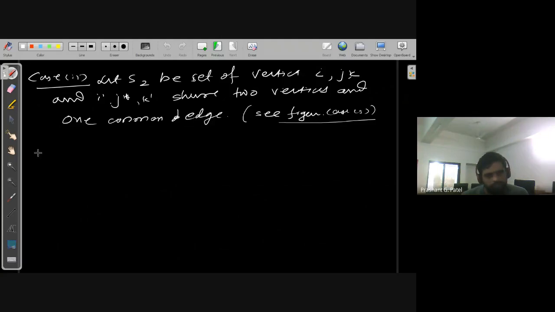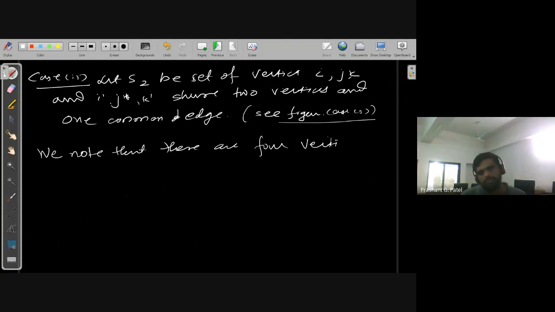So we note that there are 4 vertices and 5 edges involved all over.